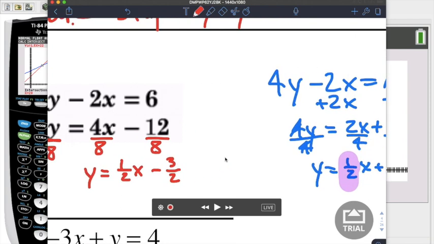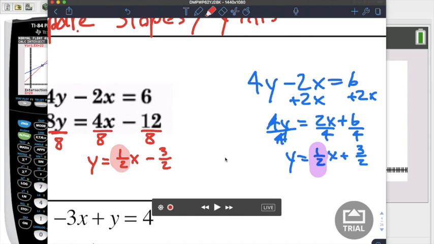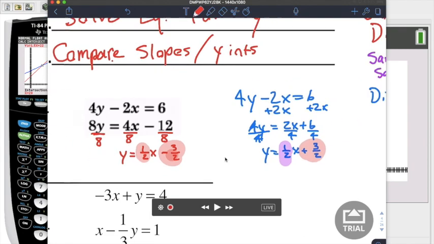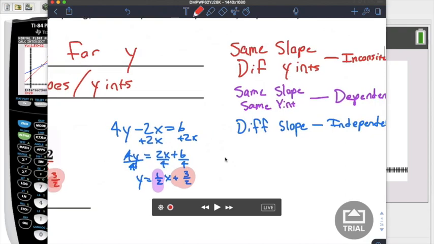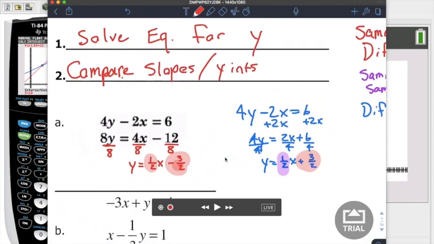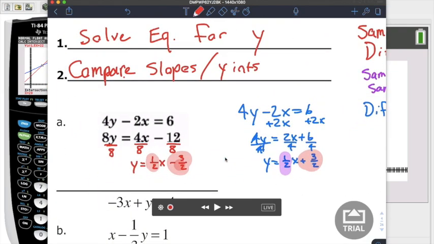Okay, so once again, compare the slopes there. You got 1/2, and then you got 1/2 right there, so the same slope. Now, the y-intercepts here, really close, but slightly different. One's positive, one's negative. So since they're the same slope and different y-intercepts, we're going to say that is an inconsistent system.